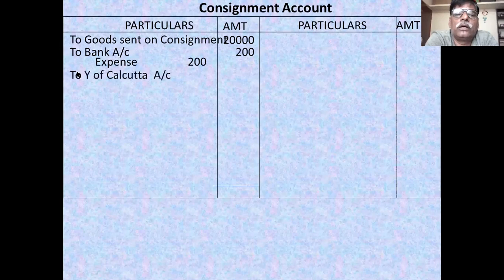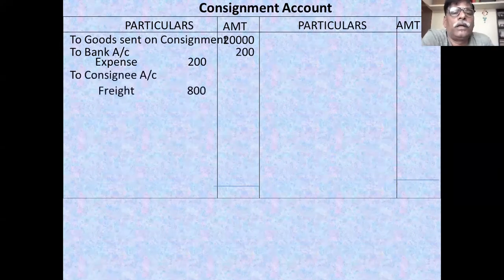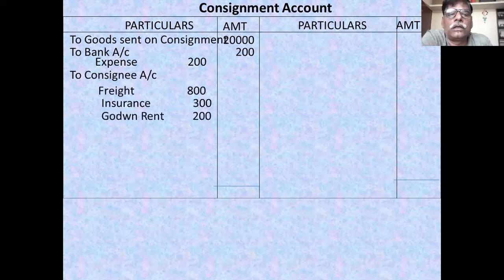Next, you take expenses paid by consignee. So consignee paid freight 800, insurance 300, godown rent 200. Total expenses 1,300. Okay. Fourth item is consignee commission. 22,000 is the sale.